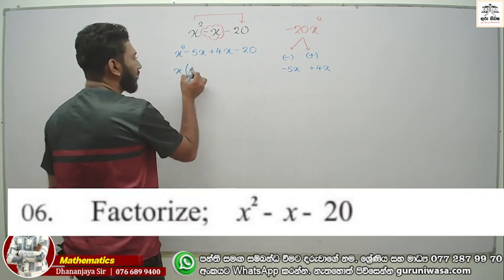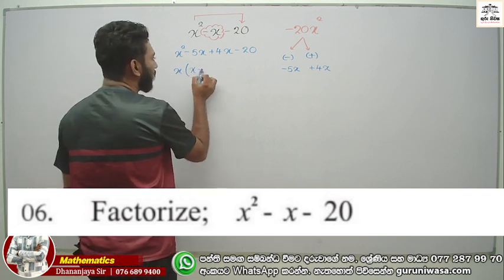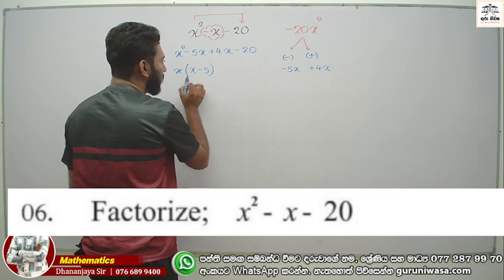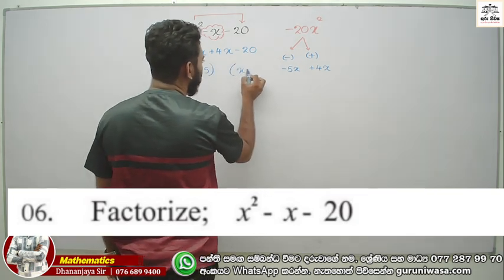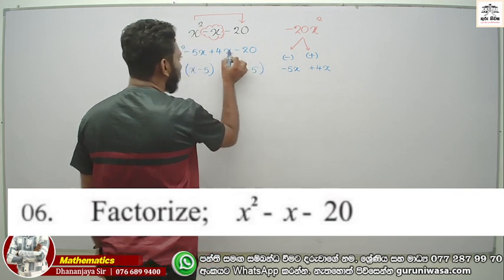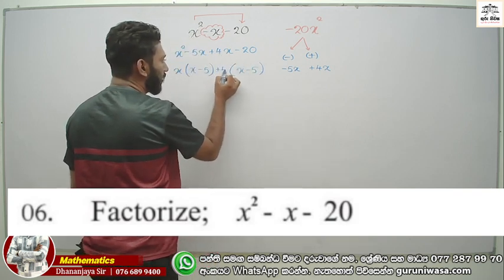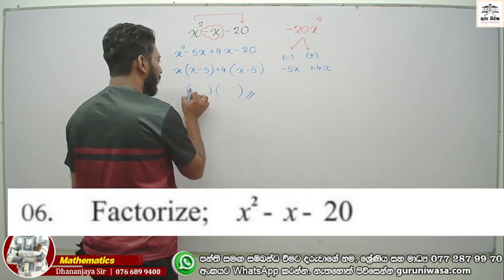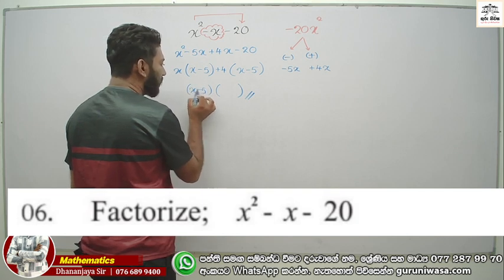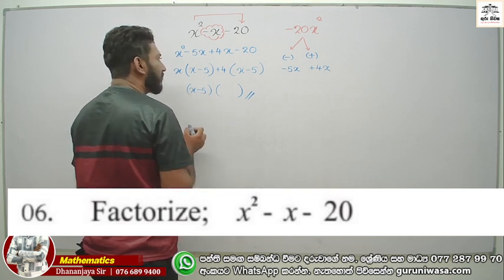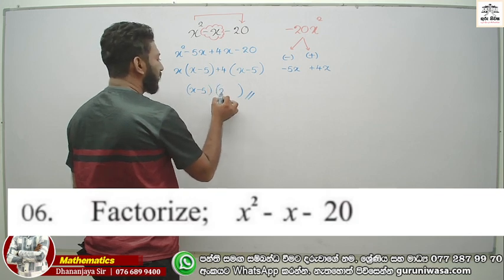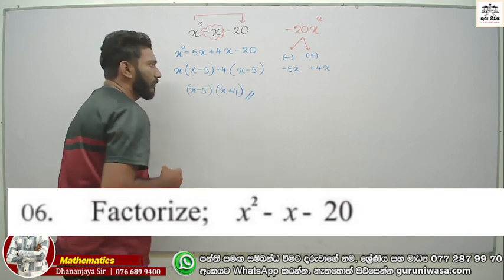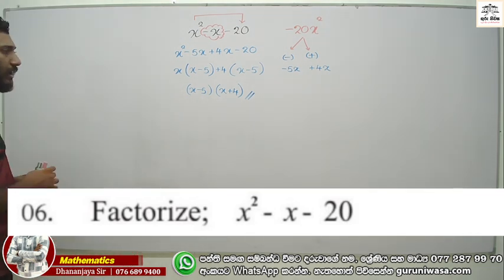Open the bracket and inside the terms become x minus 5. Now repeat the same bracket here, x minus 5. Now x is there, the plus 4 is missing. Now we have two factors. The first one is the terms inside the brackets. The second becomes the terms outside the brackets, x plus 4. x minus 5 and x plus 4.